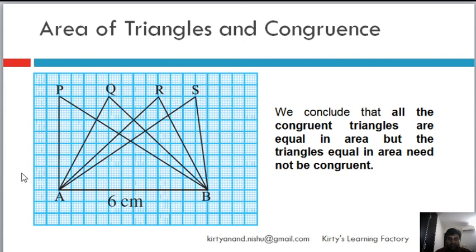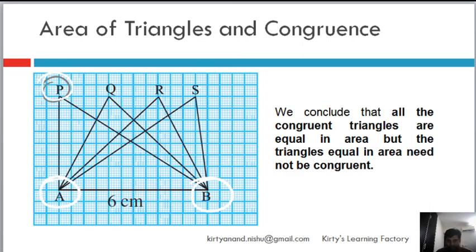So basically understand that if there are two congruent triangles, they will always be equal in area, but it is not necessary that if there are two triangles of equal area, they will be congruent. Think about it. Why? See, pictorially it is represented: triangle PAB, that's the triangle, right?